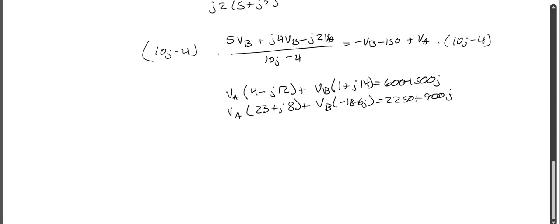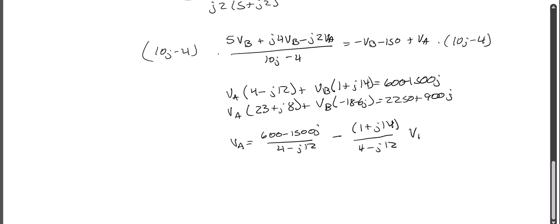So I wish there was a nicer way to solve these, and there is if you can use technology, but I will solve the top equation for VA, and I get VA equals (600 minus 1500j) over (4 minus j12) minus (1 plus j14) over (4 minus j12) times VB.